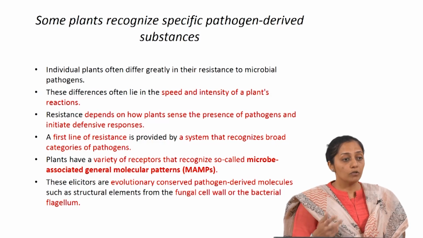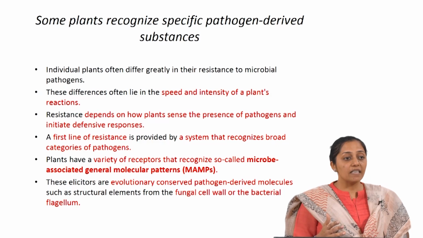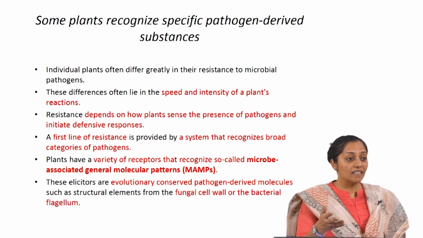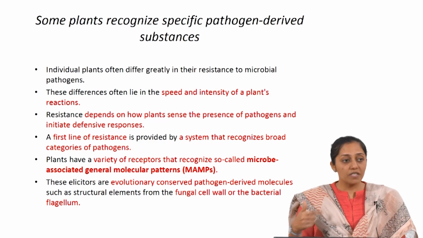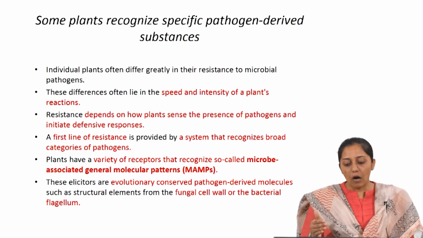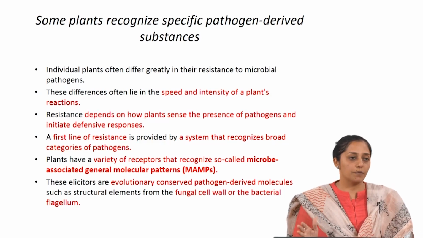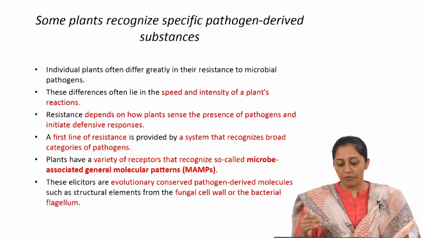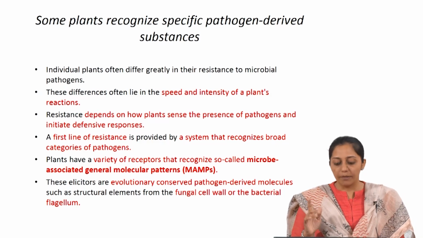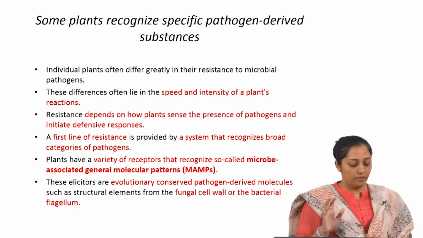That depends on two things. One is the array of secondary metabolites, and the second is how quickly they recognize and induce the secondary metabolism. The resistance depends on how plants sense the presence of pathogens and initiate defense responses. The first line of resistance is provided by a system that can recognize broad categories of these pathogens.